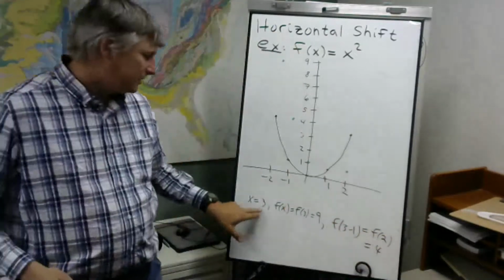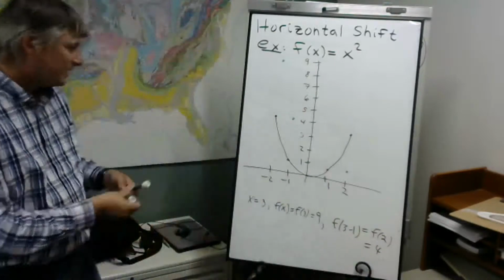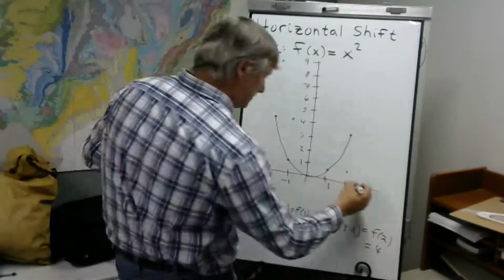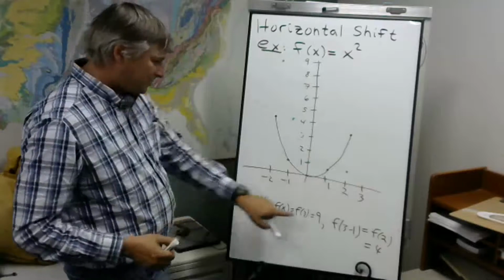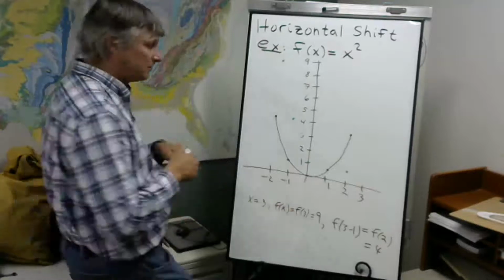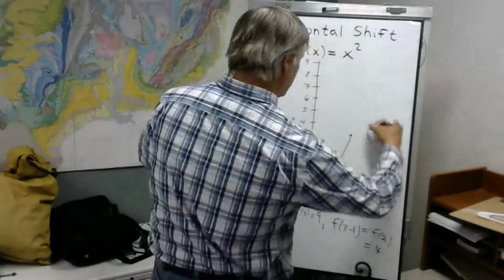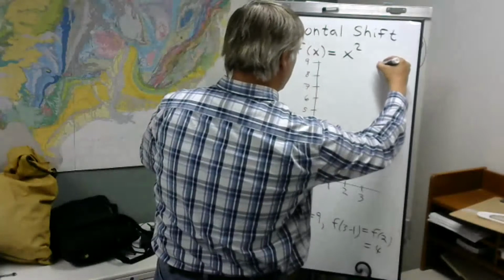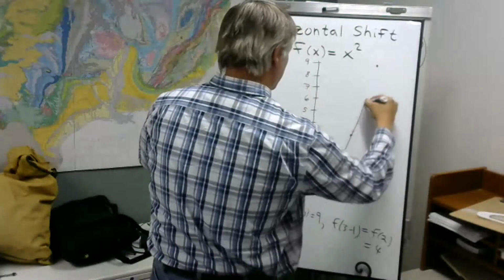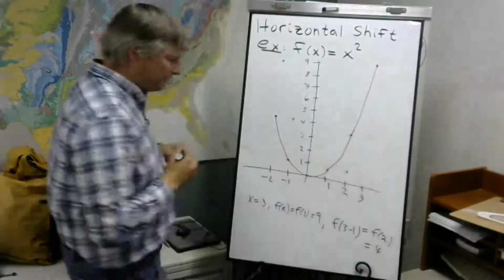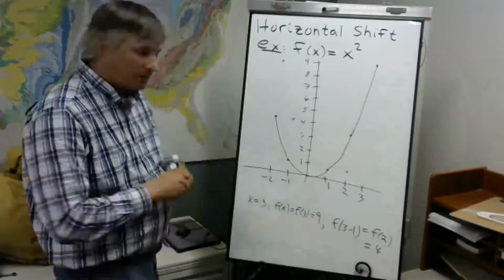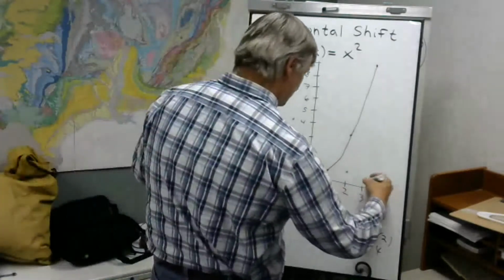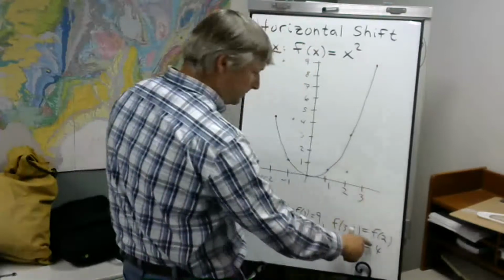So when x is 3, we're going to get 4. Now on the original plot, when x is 3, f of x is 9. So put that up here. But here, when x is 3, we get 4.